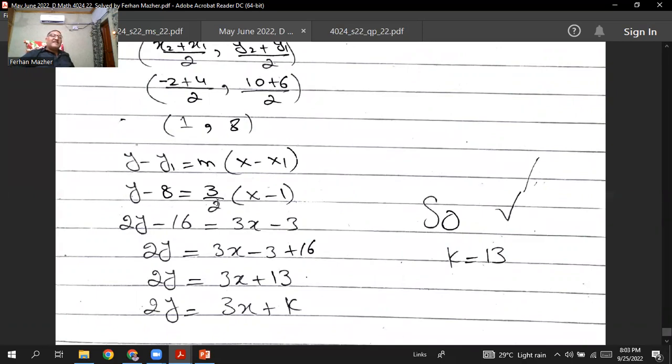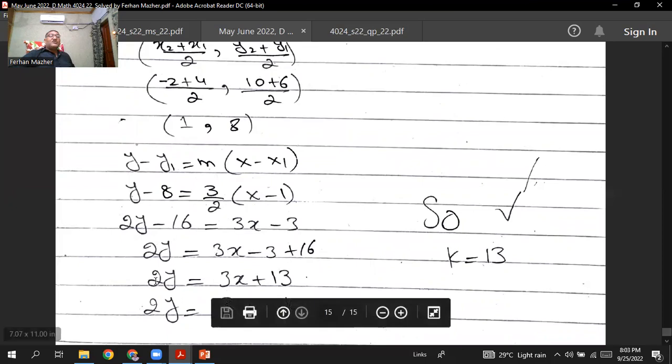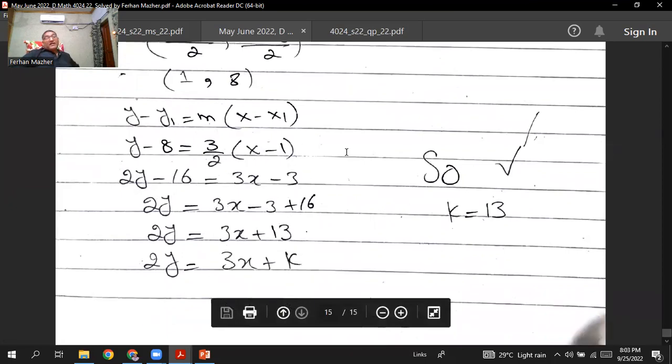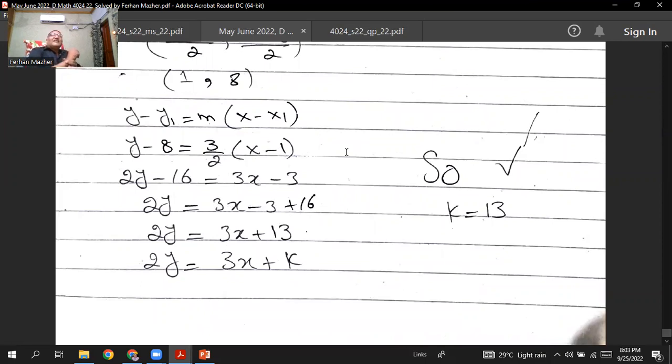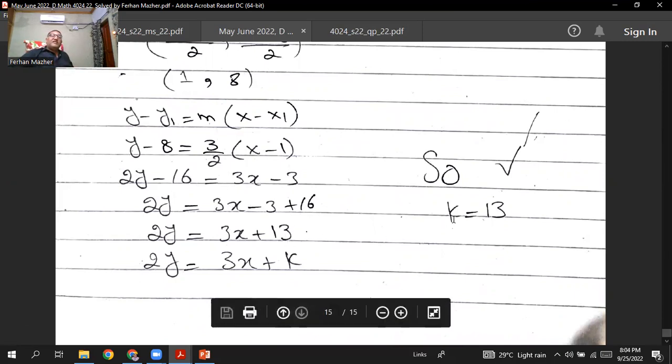So y minus 8 is equal to 3/2 (x minus 1). This 2 will come here. 2y minus 16 is equal to 3x minus 3. So 2y is equal to 3x minus 3 plus 16. 2y is equal to 3x plus 13. In the question, they said that the equation of the perpendicular bisector is 2y equals 3x plus k. So when you compare them, k will be 13. So the k value is 13.